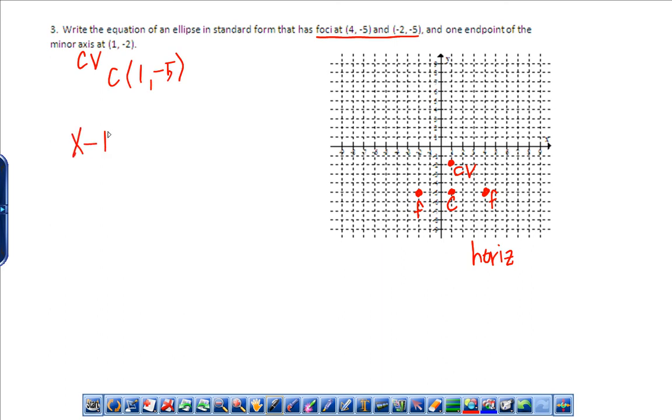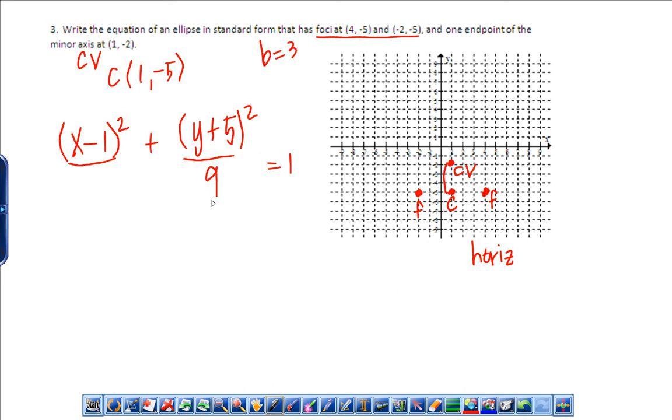Go ahead and set it up. So this is (x minus 1) quantity squared, (y plus 5) quantity squared. Again, horizontal means your A goes first. And I don't know that. I do know my B value is 3. So if B is 3, then this is 9. So it looks like we're going to have to use our formula here.